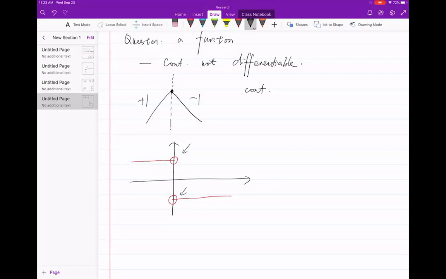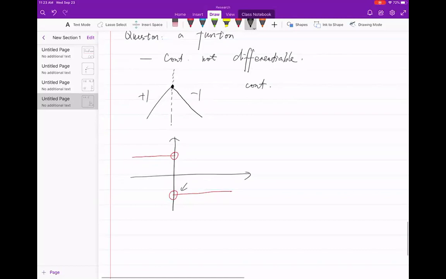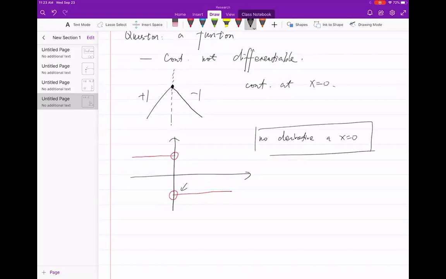You don't say the right is more important than the left, or vice versa, right? Therefore, it's impossible for me to put a dot on either one. Then this part is empty. No derivative at x equal to 0. So here's the example. It's continuous here, but not differentiable.